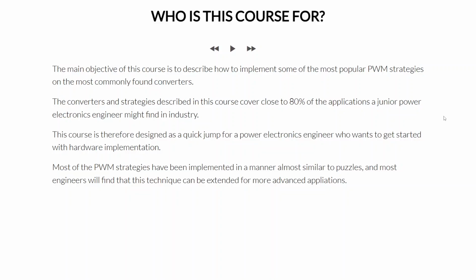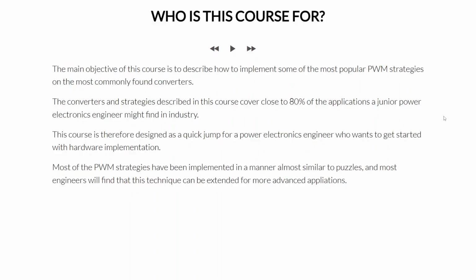Even though most of you as power electronics engineers would have learned some theory and done some simulations, it is still sometimes a little tricky to get started with hardware implementation, especially with a microcontroller, where there are several configurations and details, and you must mix all these details together to get the gating pulses that you need.